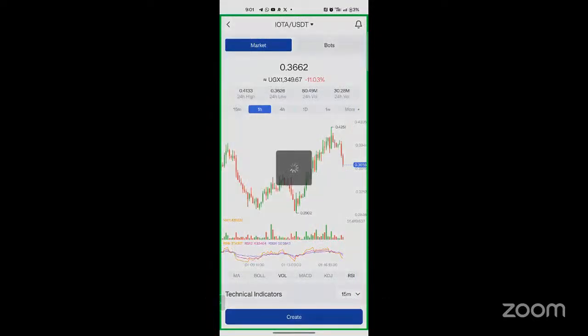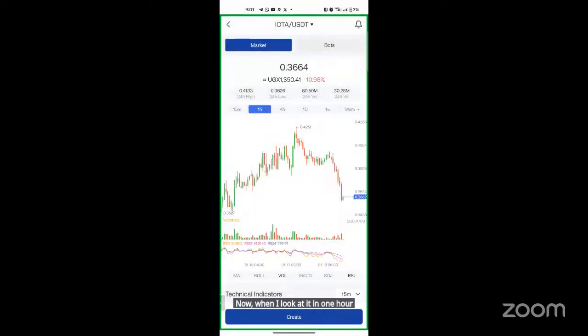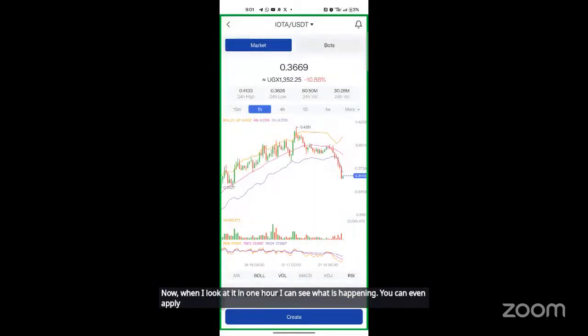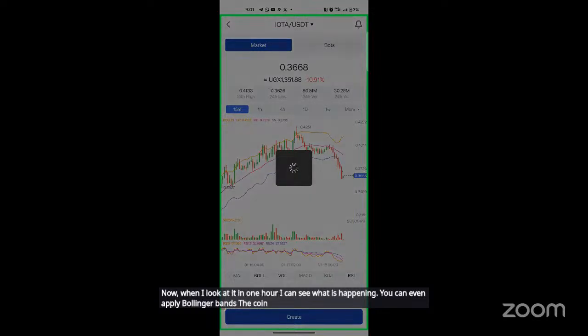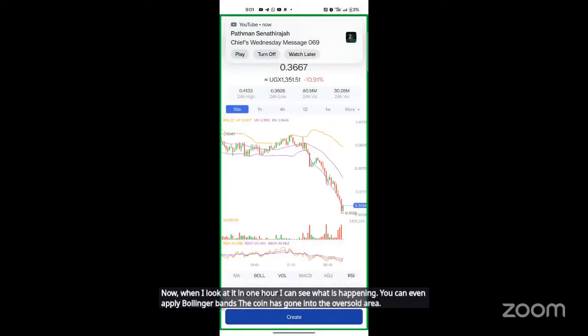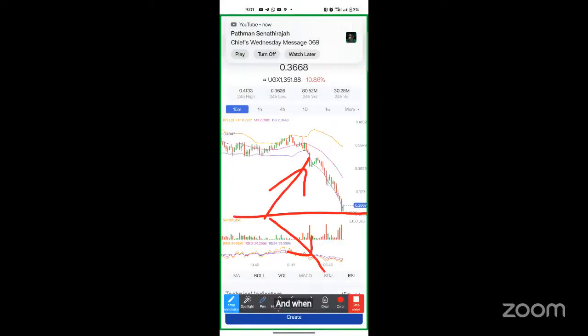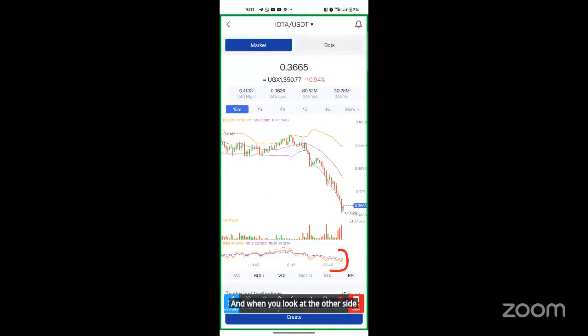When I look at it in 1 hour, I can see what is happening. You can even apply Bollinger Bands. The coin has gone into the oversold area. And when you look at the RSI, what is about to happen here? Some answers in the chat.